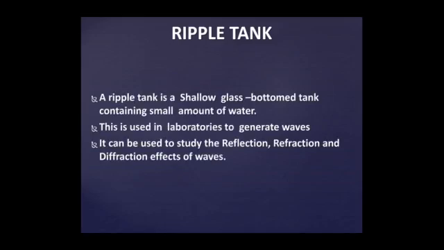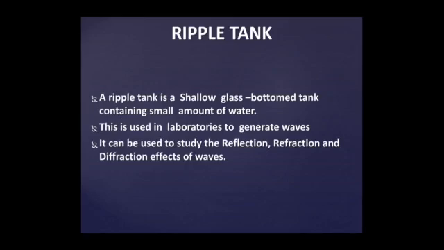I told you that we are going to study the three effects with the help of a ripple tank. Let's see what a ripple tank is. A ripple tank consists of a shallow glass-bottom tank which contains a small amount of water.